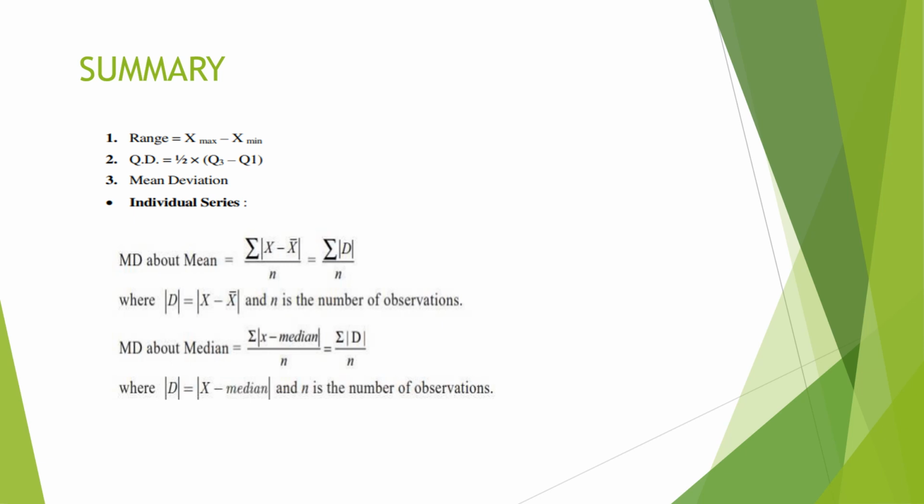Individual series: if we are finding mean deviation about mean, then we will apply sigma d upon n. Mean deviation about median, then sigma d upon n, where d is equal to x minus median, and in case of mean, d is equal to x minus x mean.